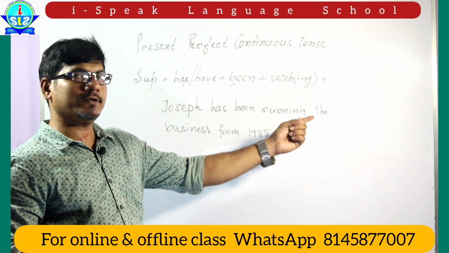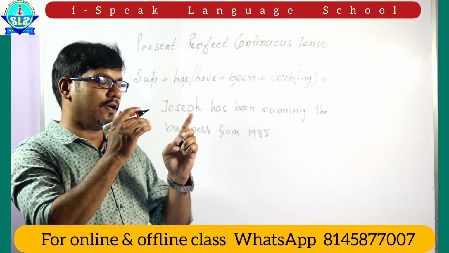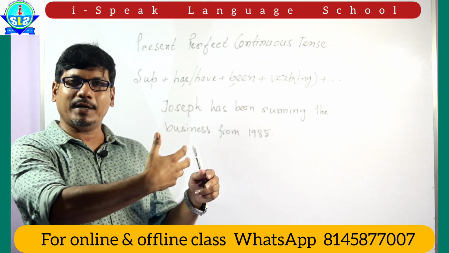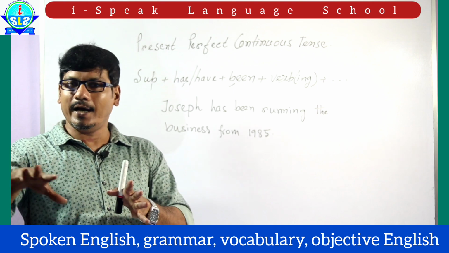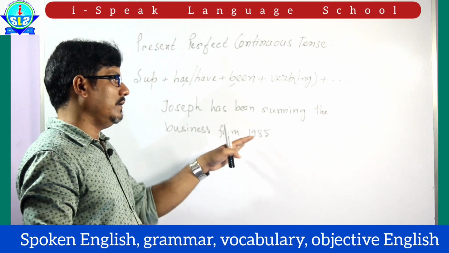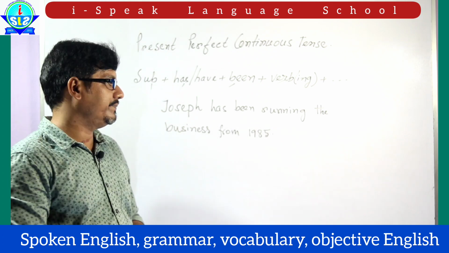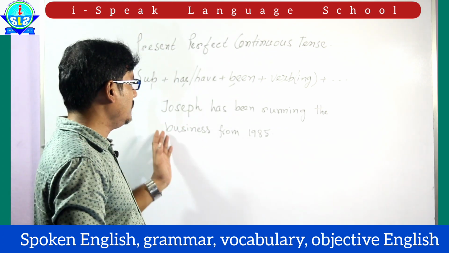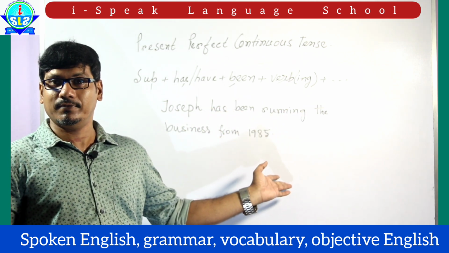It means he started this business in 1985. From that time continuously the business goes on, and still in 2023 the business is there, continuous, there is no interruption. So, Joseph has been running the business from 1985.